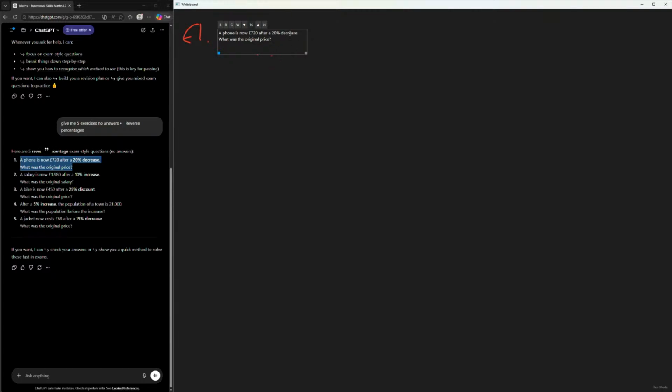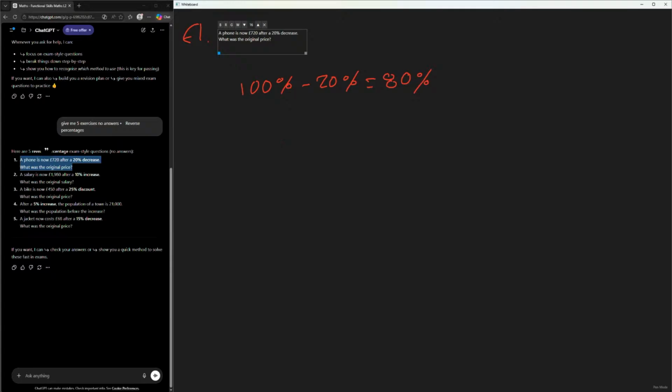So what's the first step here? We have 100% minus the 20% decrease, if it's this one, then this gives us 80%, right? So I think... nah.